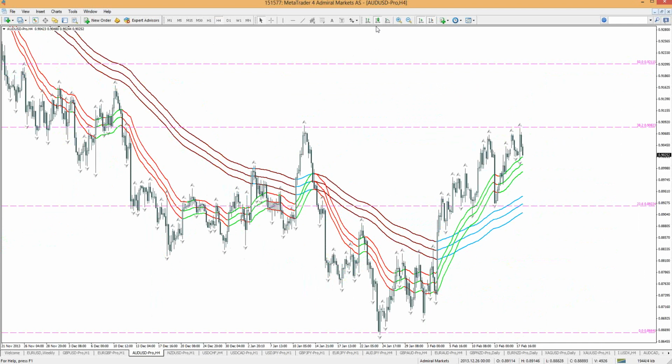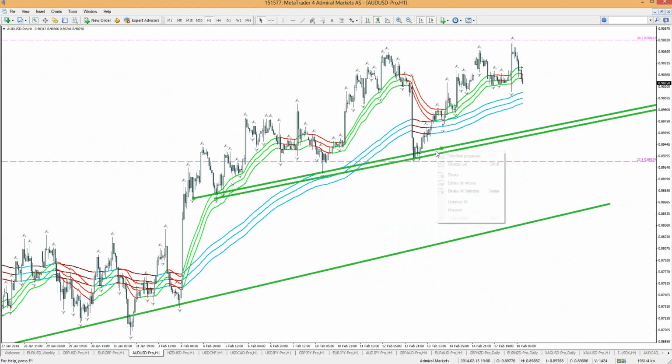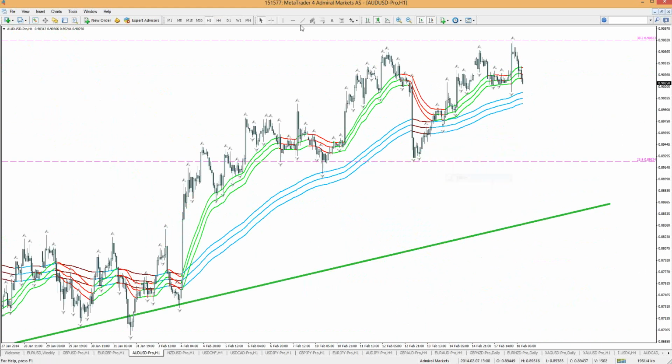We have a trend line like this, potential. We have a trend line like this, potential. Let me redraw that.